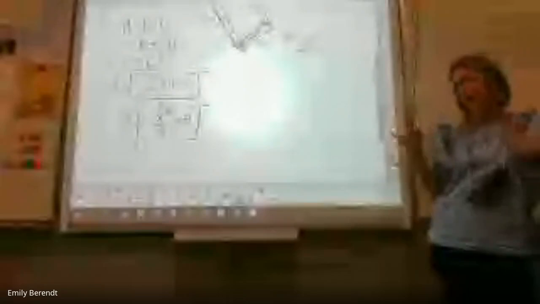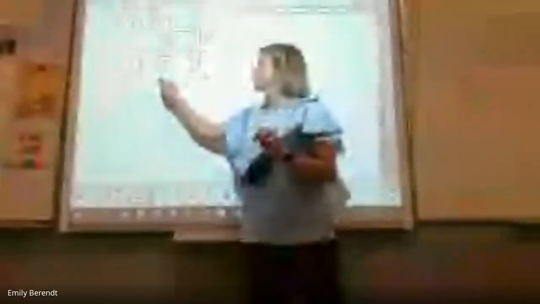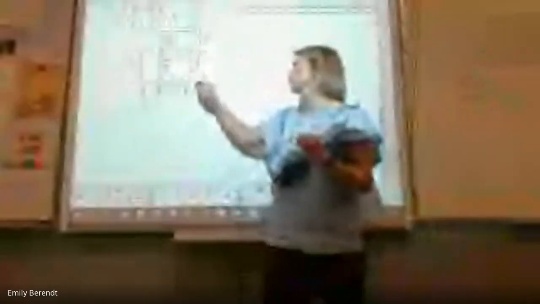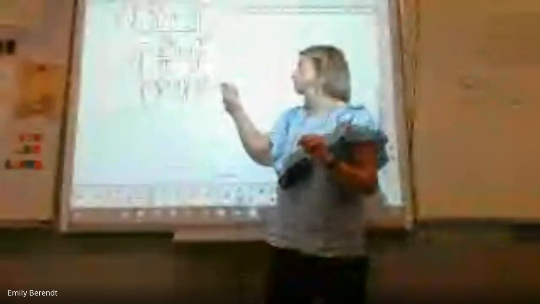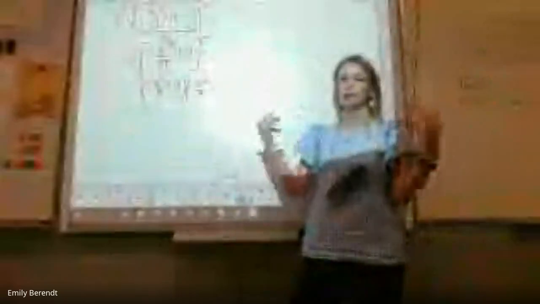Foil it out. Negative x squared over 9 plus 4, times negative x squared over 9 plus 4. So a negative times a negative gets us a positive. x squared times x squared is x to the fourth, and 9 times 9 is 81. So x to the fourth over 81.